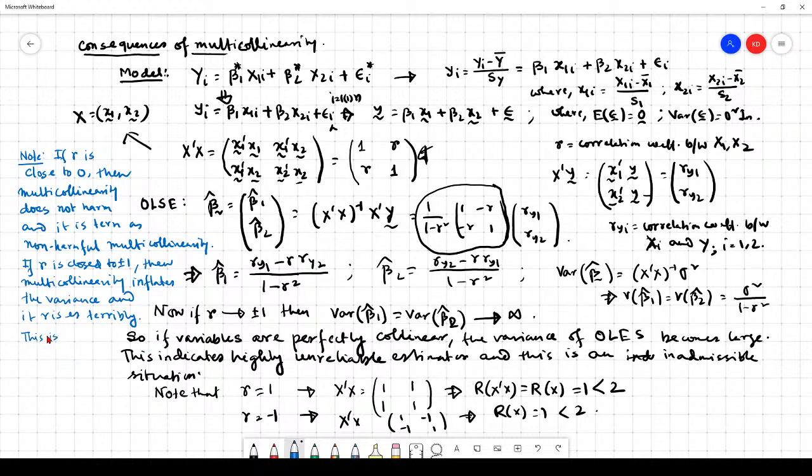This is termed as harmful multicollinearity.